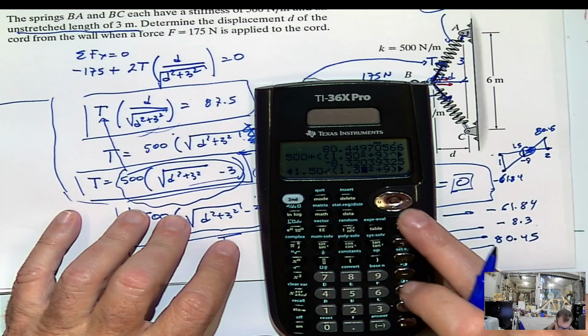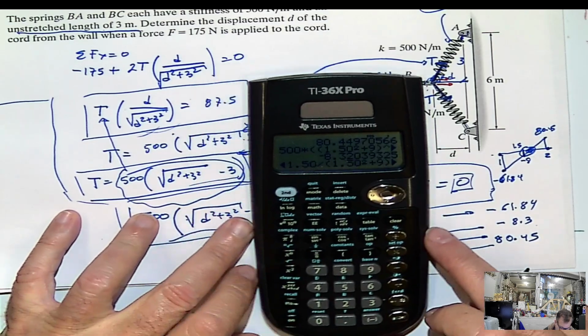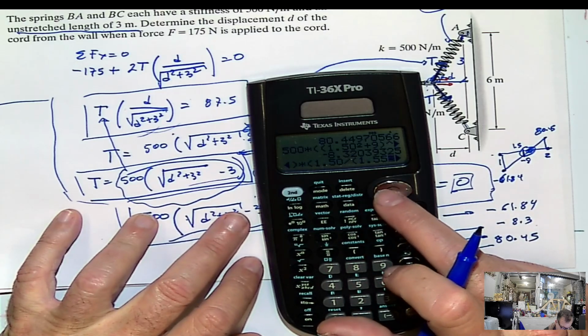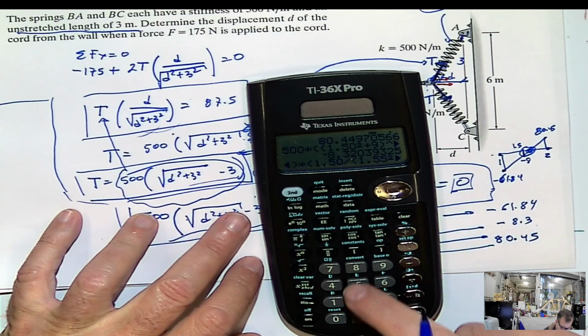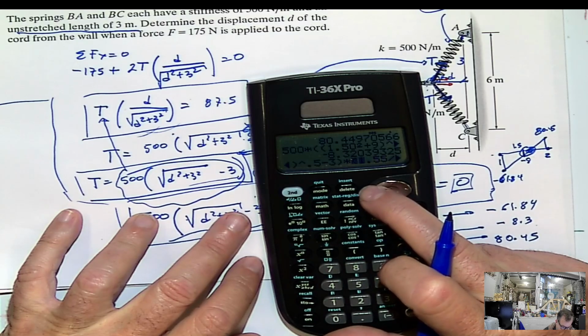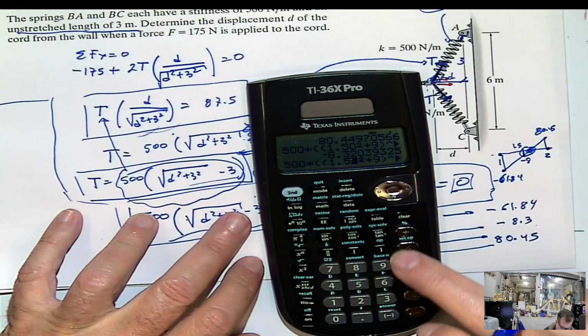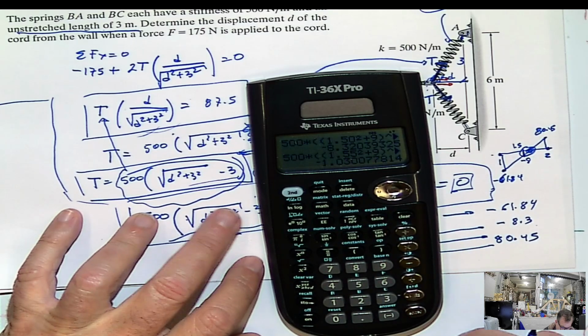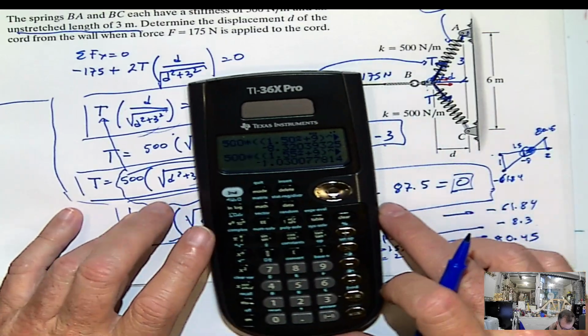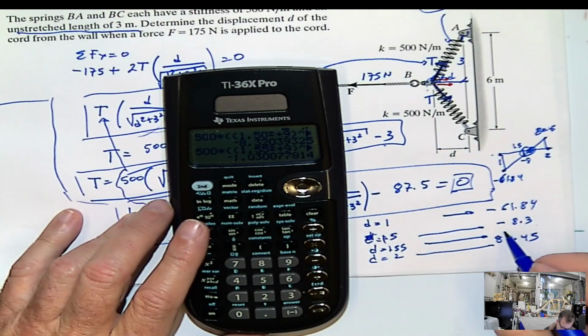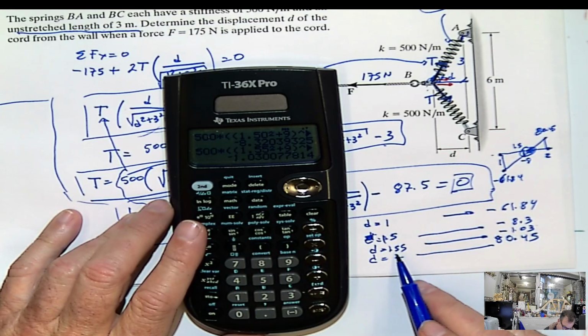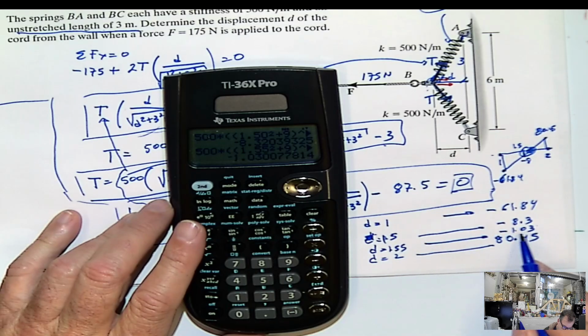I'm going to put 1.55, 1.55, 1.55. Enter, and now we got -1.03. That means that it's still between 1.55 and 2.